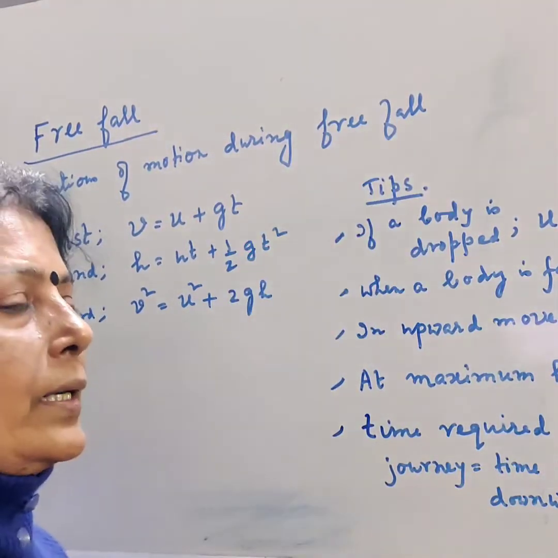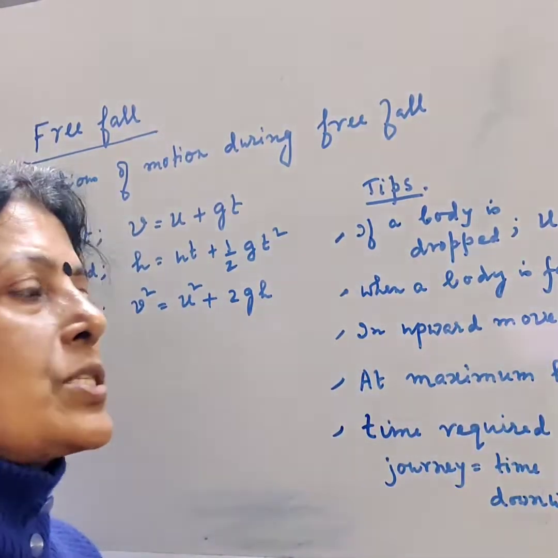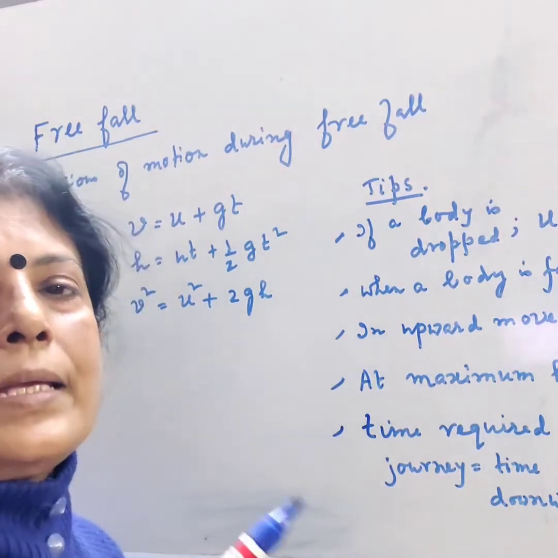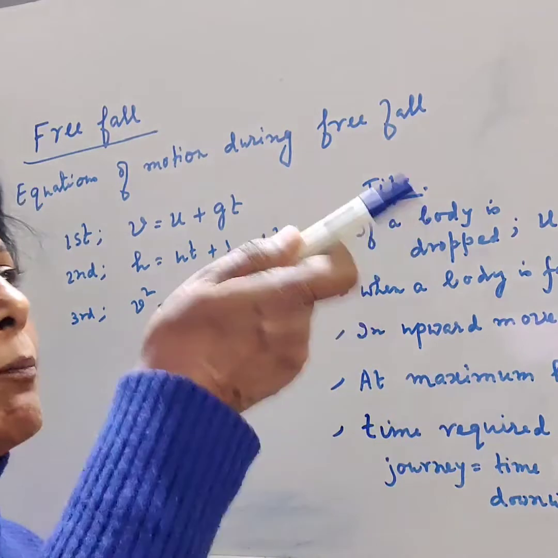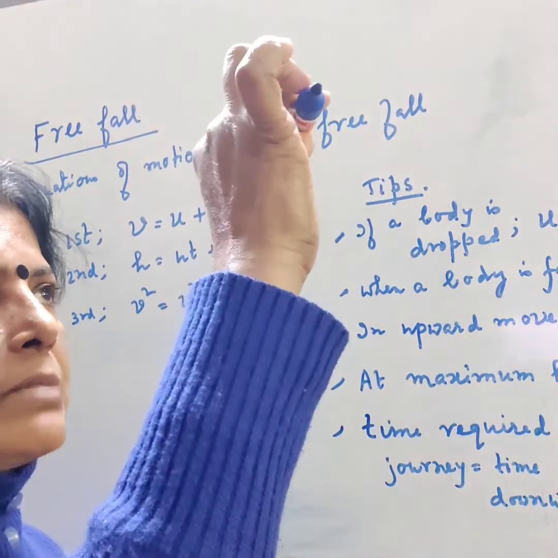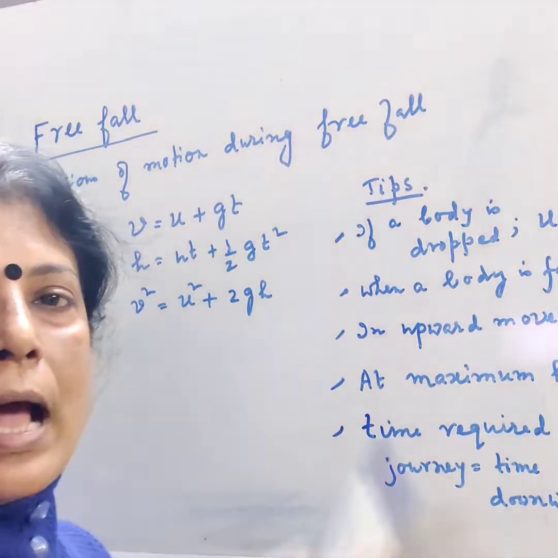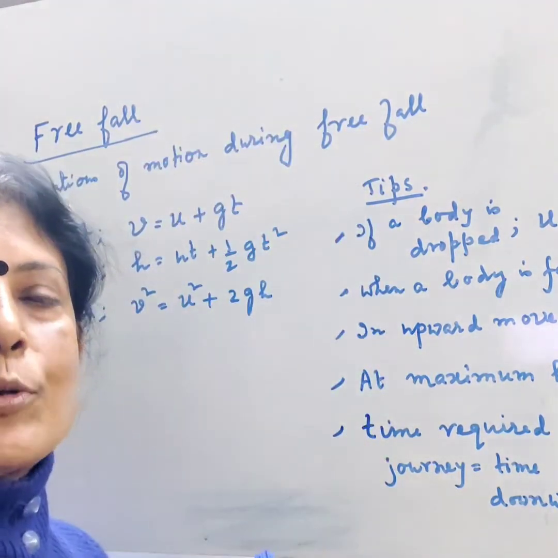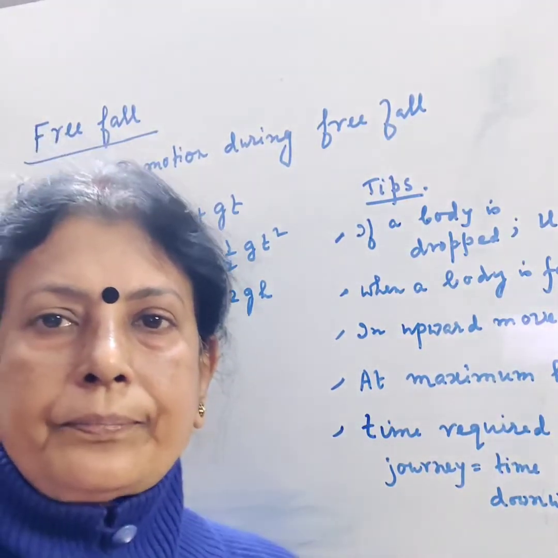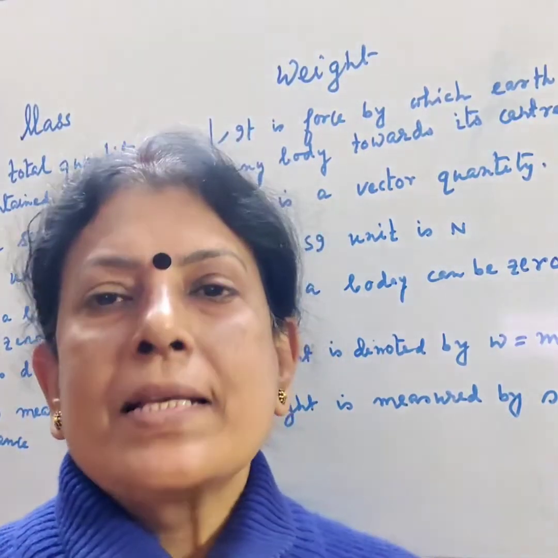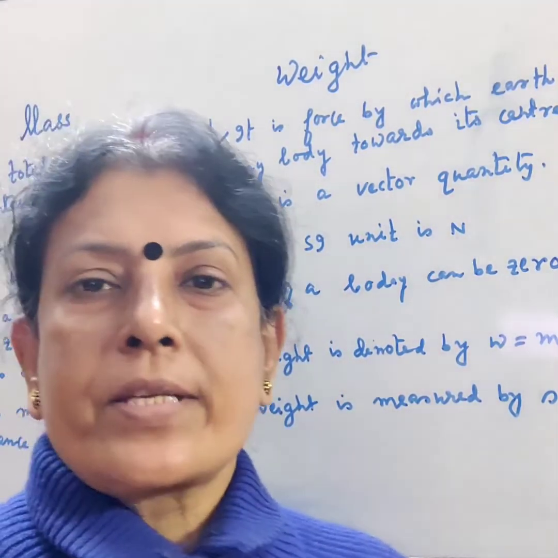In the upward journey, when a body is thrown upward, acceleration due to gravity is taken as minus 9.8 meter per second square. At maximum height, when a body is thrown upward, final velocity will be 0. Time required for the upward journey is equal to time required for the downward journey. Am I clear?